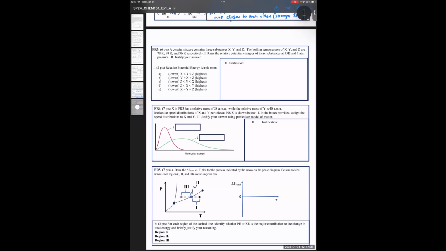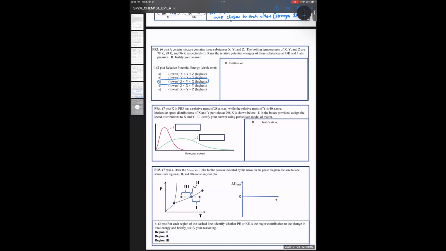So Z should have the lowest potential energy, and then Y, and then X has the lowest boiling point, meaning you have the weakest attractive interactions between the particles, meaning you have the highest potential energy. So the correct order seems to be option C. So we would select option C as the answer.